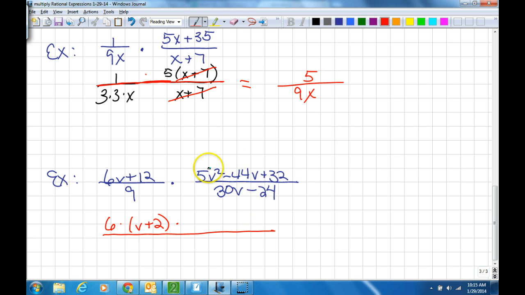So what I'm going to have to do with that one is use my box method. So I have a 5v squared here and a 32. I'm going to multiply 5v times 32, and you get 160 v squared by doing that.